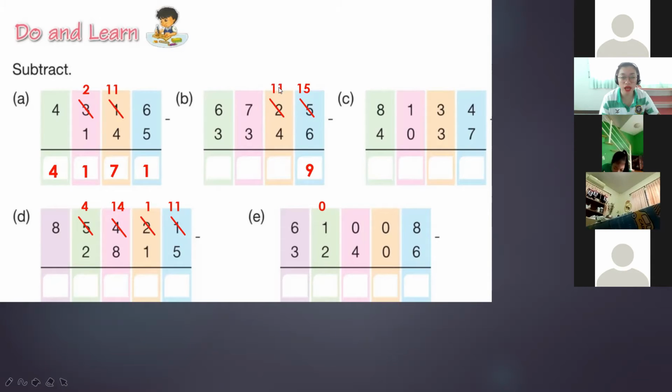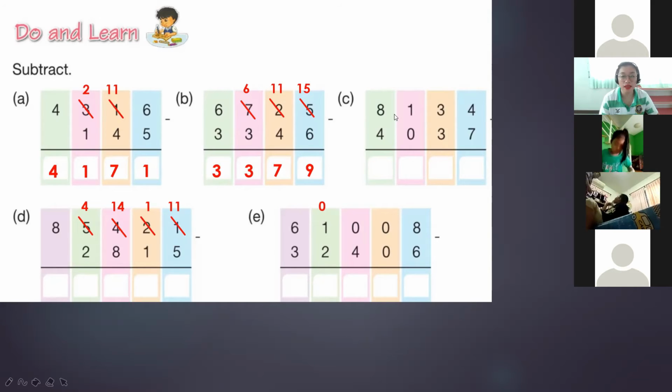And 1 will become 11. 11 minus 4 is 7. So we had borrowed from 7. So 7 becomes 6 and 1 became 11. So 6 minus 3 is equal to 3, and 6 minus 3 is equal to 3. So the answer for letter B is 3,379.